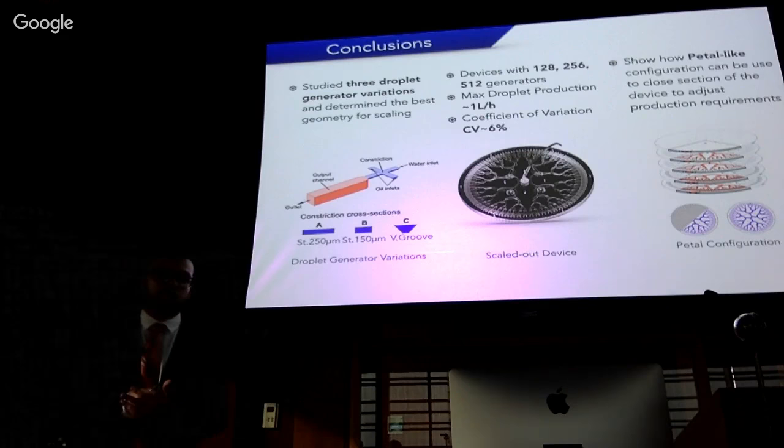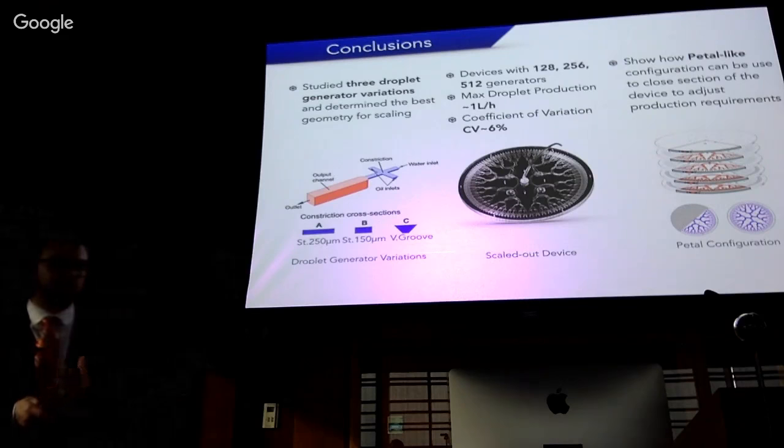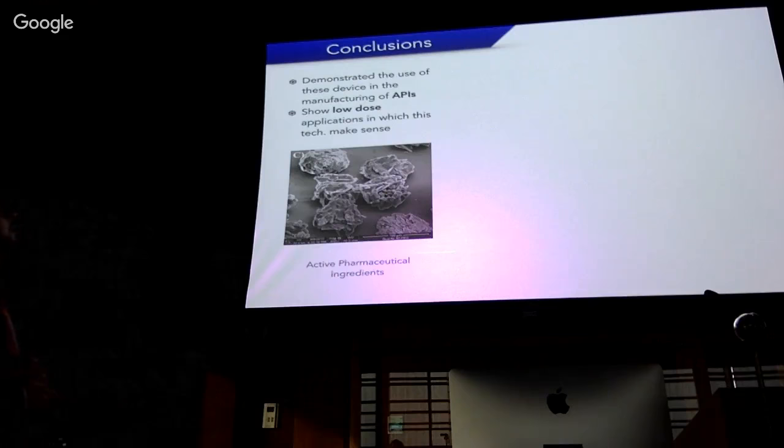We show how we can use these distribution networks to organize our devices in petals and how we can close them. And we have also demonstrated the use of these devices in pharmaceutical manufacturing of some active pharmaceutical ingredients, and we see how these quantities make sense for certain applications.